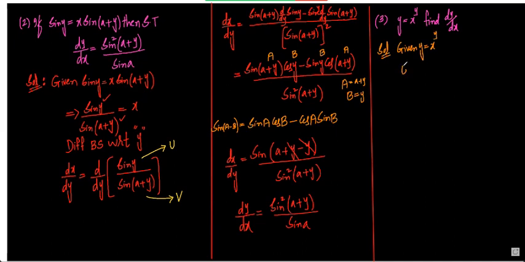Taking log on both sides, log y is equals to log x to the power of y. We write it as y log x. Now differentiate both sides with respect to x.